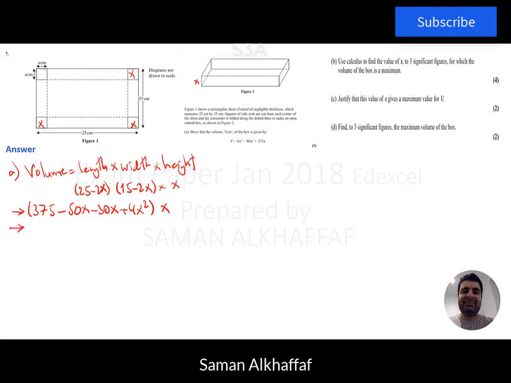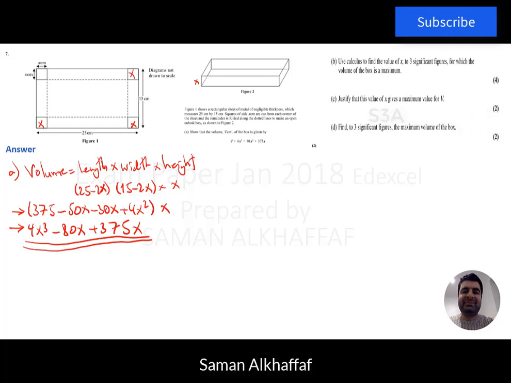So the next step would be rearranging this, and also we can see the minus 80 that we would have in the middle, and we can put the 4x squared at the beginning, and we'll multiply by x. That will give us the 4x cubed, and minus 50 and minus 30, that will give us minus 80x squared, and we would have the plus 375x, which aligns with the answer we have for part A.